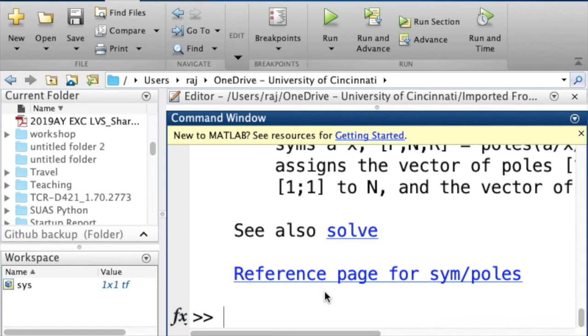That's the open loop transfer function. And the closed loop transfer function we had was, I think, 1 over s squared plus 7s plus 12, right? So that's the transfer function we have.